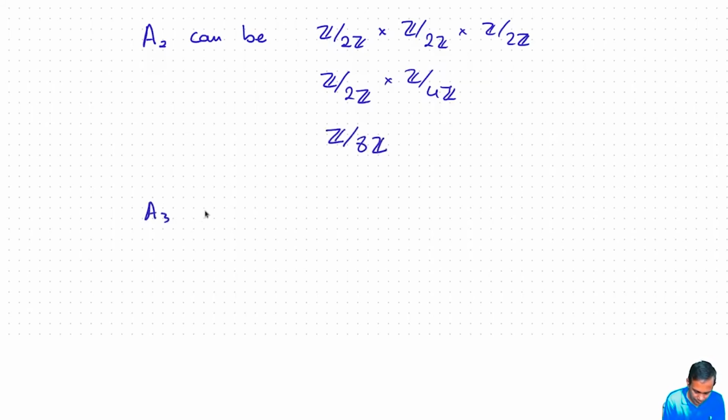Similarly, A3 can be Z mod 3Z cross Z mod 3Z, or Z mod 9Z.